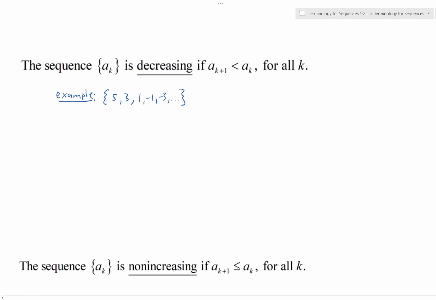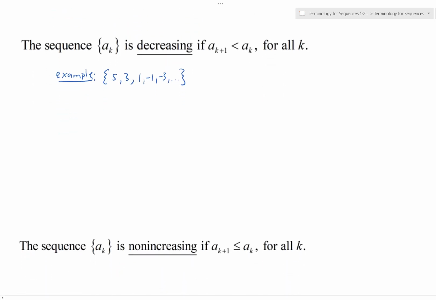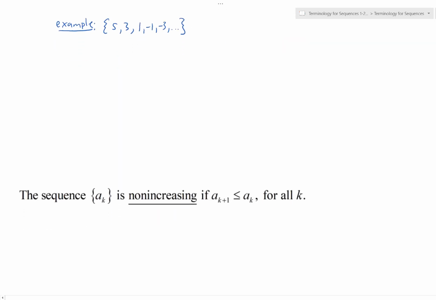Keep going with this. You might guess what's next: non-increasing. Based on what we said before, you might be able to guess what this is saying, and that is, you have a sequence a sub k that is non-increasing if each next term in the sequence is smaller than or equal to the previous term. As an example, let's consider the sequence 0, 0, then negative 2, negative 2, then negative 4, negative 4, dot, dot, dot.